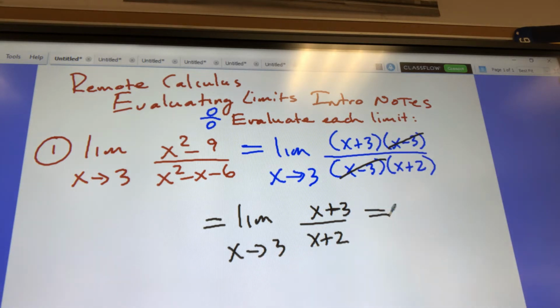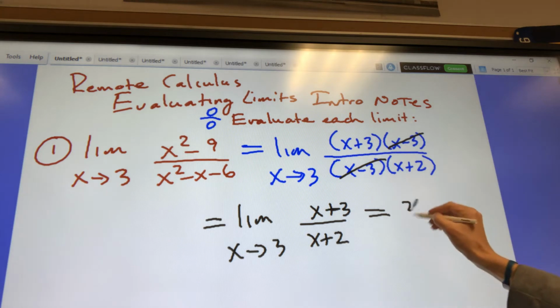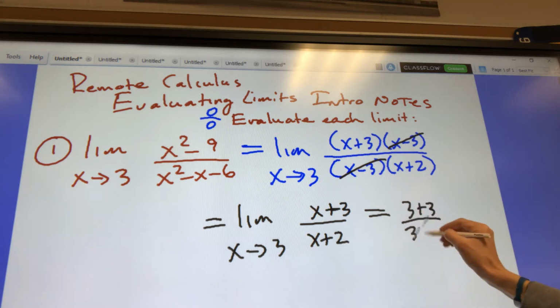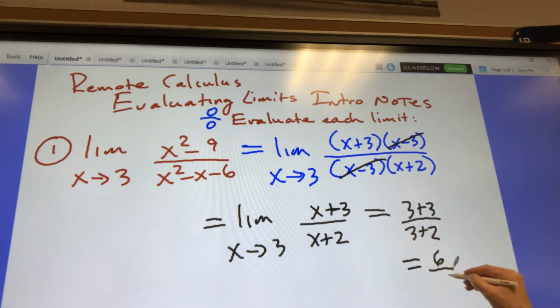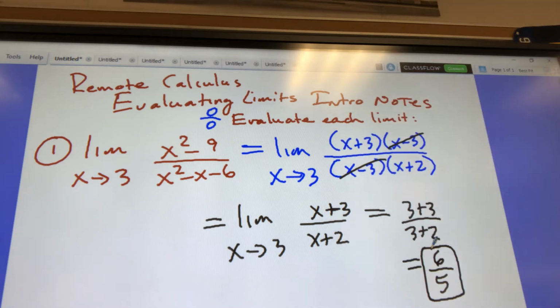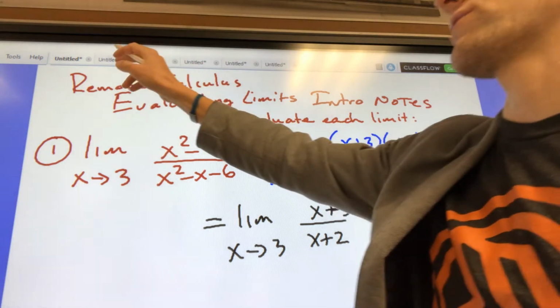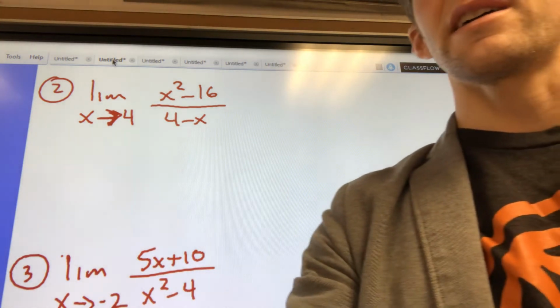I do not have to write the limit as x goes to 3. I will let x go to 3, and I get 6 over 5. I got rid of that removable discontinuity. It's approaching a y value of 6 over 5 from the left and the right. That's the name of the game, especially on this first homework set that everyone has.